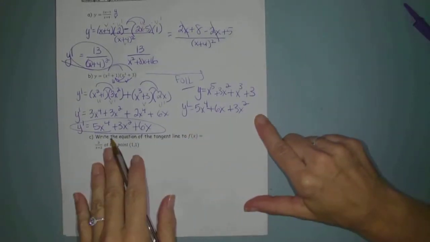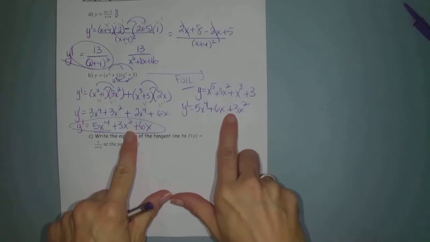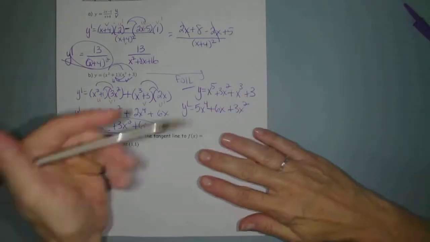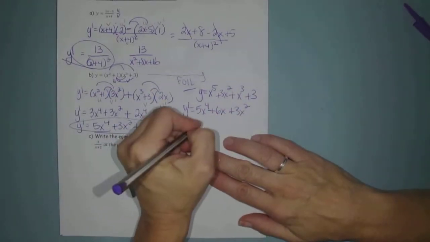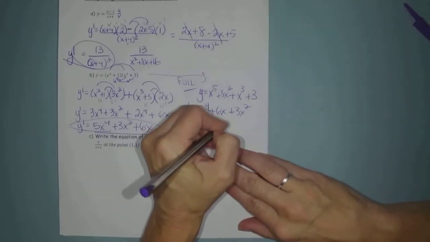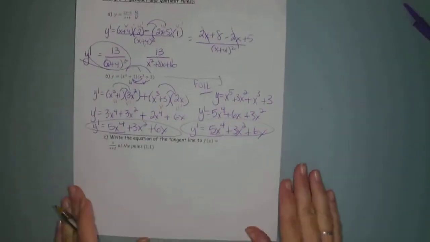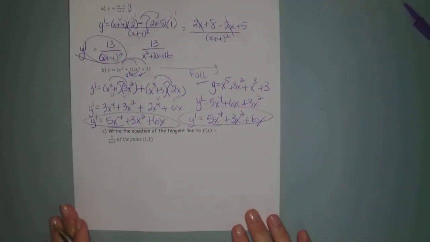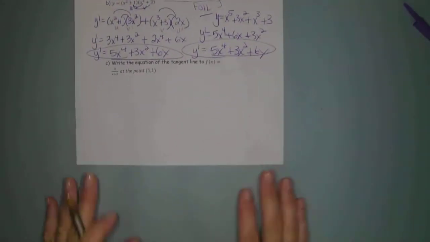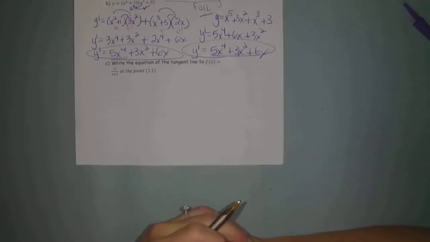Now look at this and look at this. If you just arrange these two back terms and flip that around, you've got yourself the same derivative, and that's okay. It depends what you want to do, but you have options, all right? Same derivative, different method.